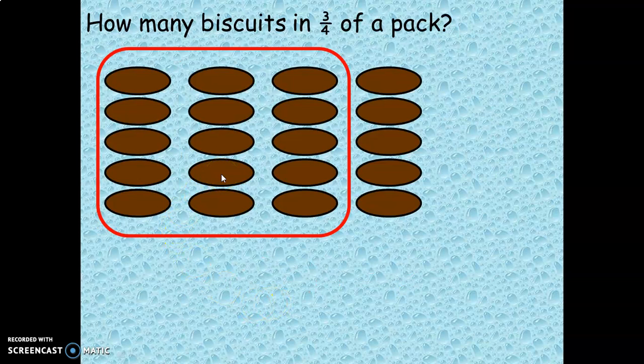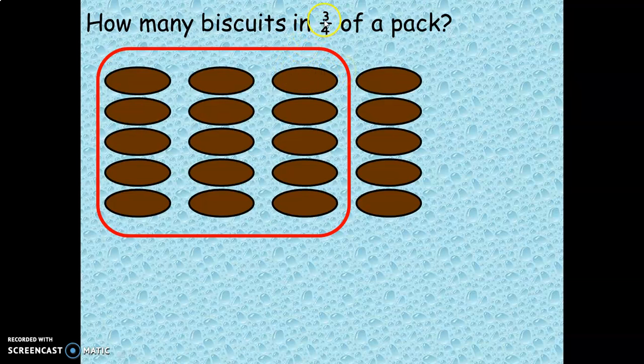And then we have now 3/4. How many biscuits are in 3/4 of a pack? Remember we had 4 groups: 1, 2, 3, 4. Out of 4 groups, we want to take 3. There were 20 biscuits, and we shared them one by one up to 20.